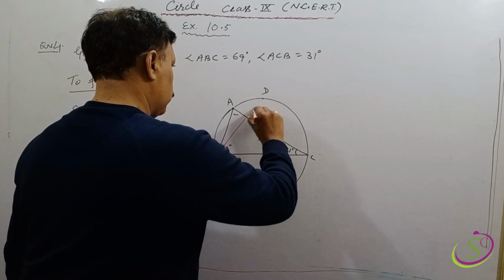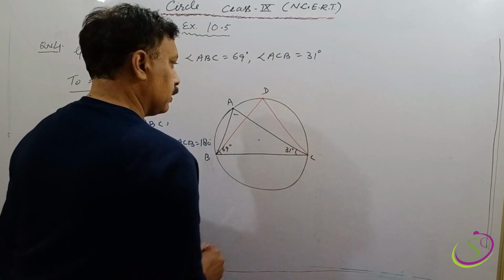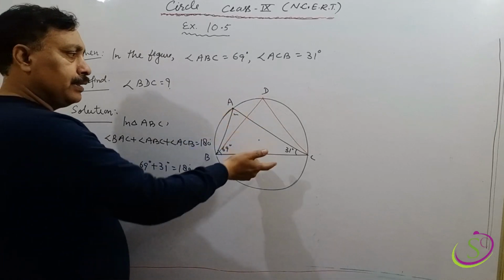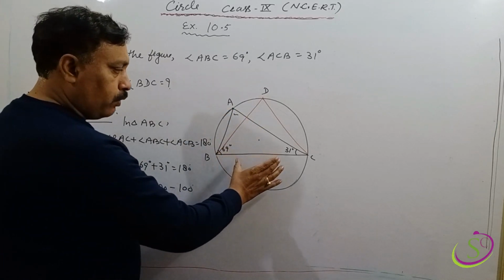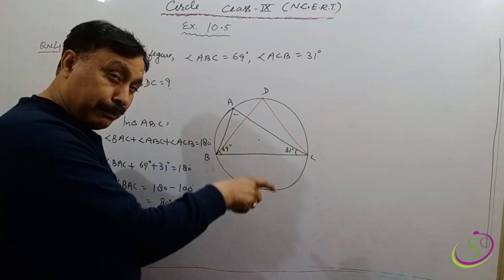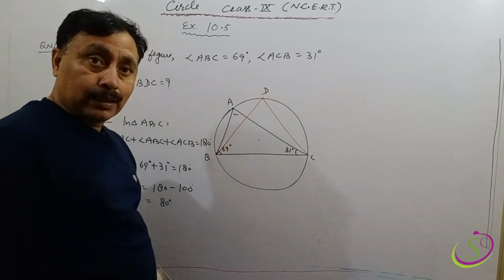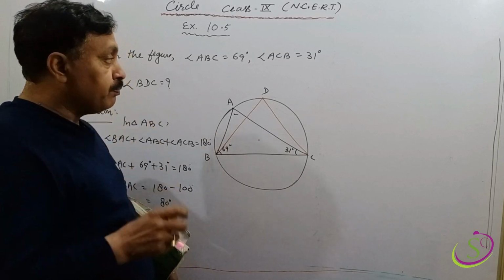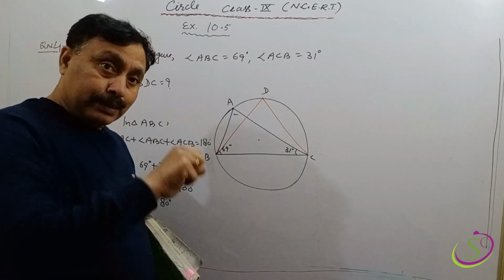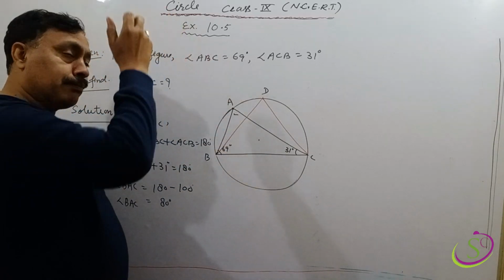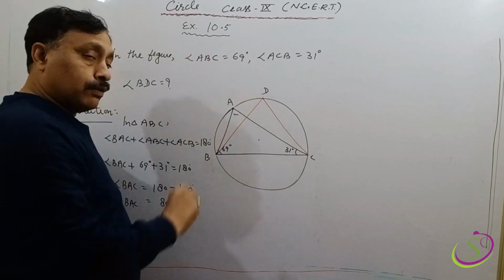Now joining B to D. Clear? The similar thing is this angle BAC is subtended by the chord BC, and by the same chord in the same segment angle BDC is subtended. But we have learned that angles in the same segment are equal, means by the same chord and in the same segment all the angles will be equal.